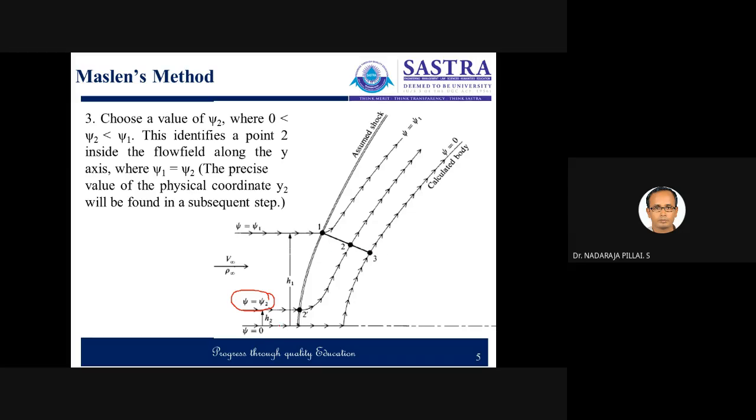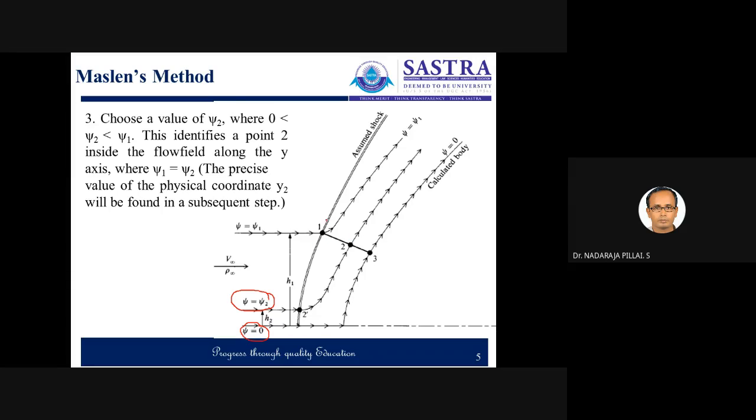So we can say that this is psi equal to 0, then psi 2, and then psi 1. So 0 less than psi 2 less than psi 1. So this identifies a point 2 inside the flow field along the y-axis, right?